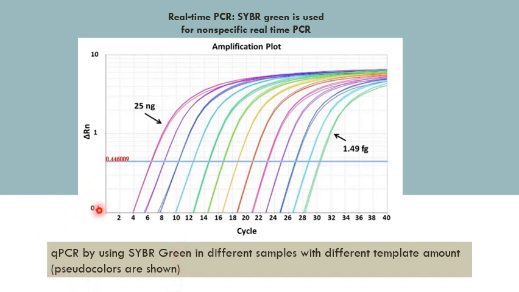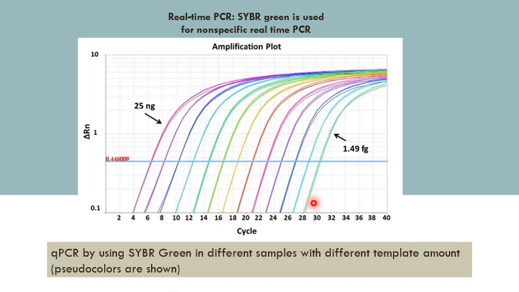As you can see here, this is a qPCR assay using SYBR Green with different samples. These colors are reporting different samples with different amounts of DNA. As you can see here, it is 25 nanograms. It means that this one, starting here, has more amount of DNA.